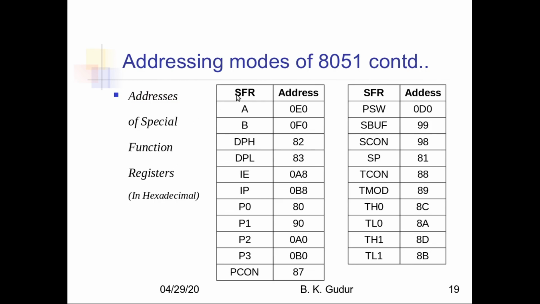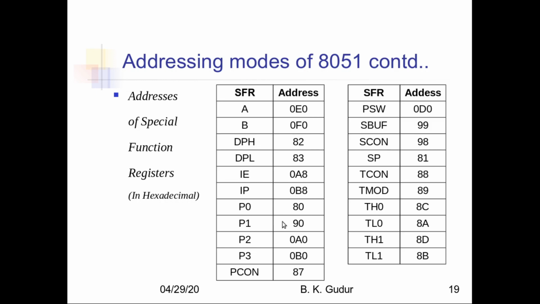So these are SFRs and this is the address. A will have address 0E0; A is nothing but the accumulator. B register has address 0F0. DPH address is 82, DPL is 83. Interrupt enable is 0A8, interrupt priority is 0B8.